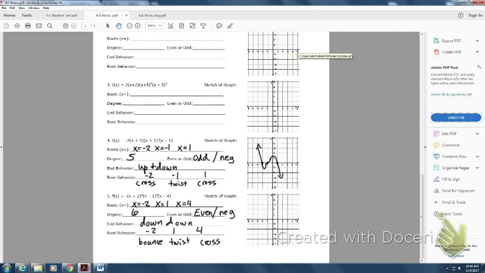So -2, 1, 4. End behavior is down, down, so I start down and I work my way up at first. So at -2 it bounces. At 1 it twists. And at 4 it crosses.